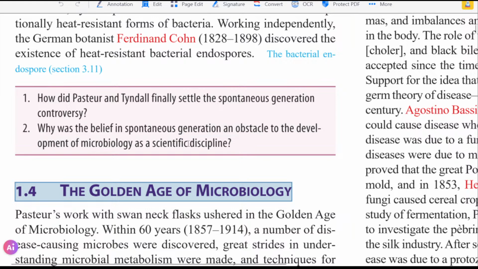So when spontaneous generation said that the microorganisms come out of nothing, they had to experiment on them, and they had to know what actually was leading to the growth of microorganisms.